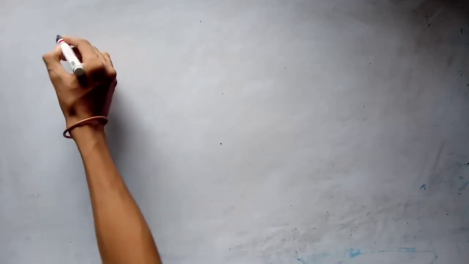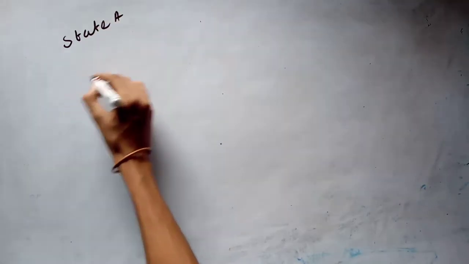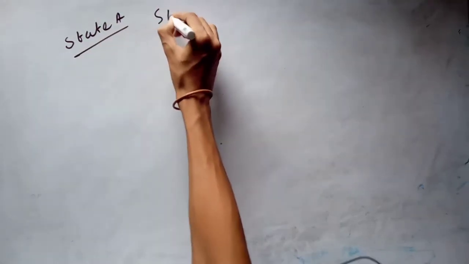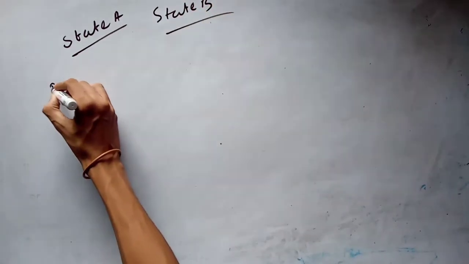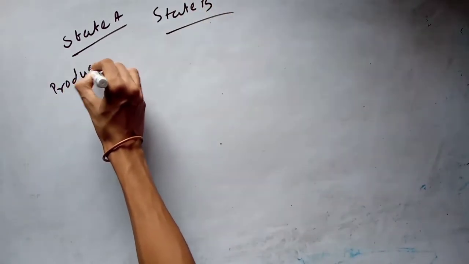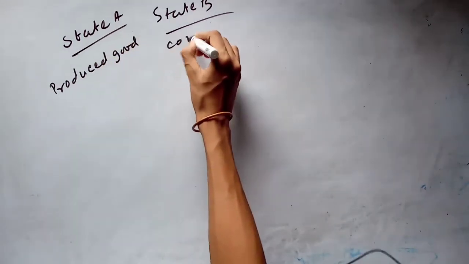Let's understand this. Take state A and state B. State A produced goods, state B consumed goods.